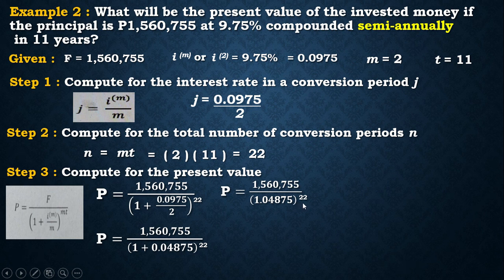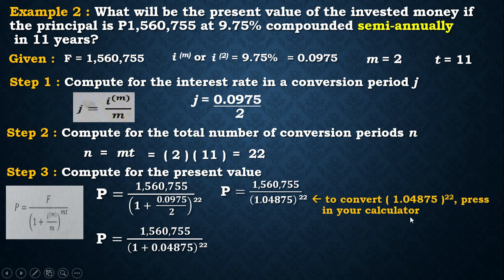Paano po sa calculator yon? To convert 1.04875 raised to 22, press in your calculator the following. Una, pindutin ang 1.04875. Pangalawa, yung ganitong symbol or may other symbol na pwedeng magamit. Sumunod po yung exponent na 22.